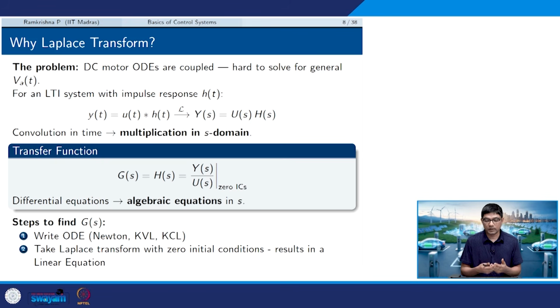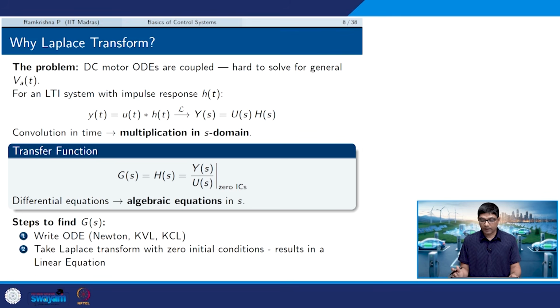Okay. So, what we will do here is quickly revisit the idea of a Laplace transform. Again, we will not do the details of this, we will just do a quick introduction and see how the concept of the Laplace transform is useful for us to analyze systems and also design controllers in a much easier way.